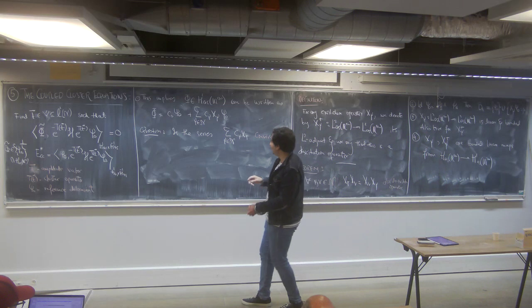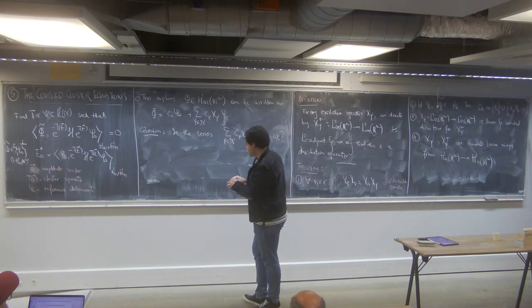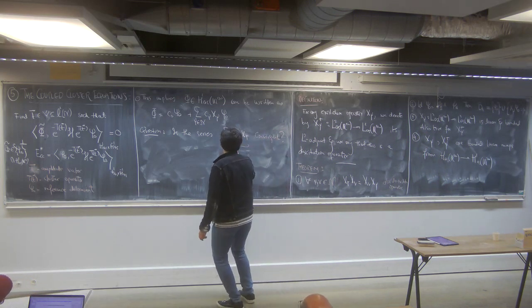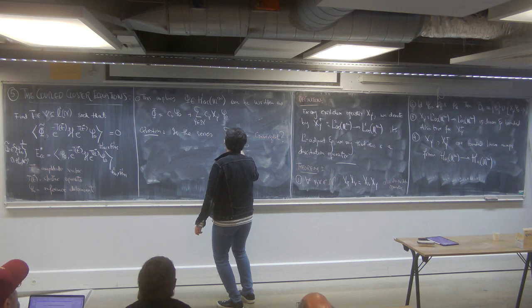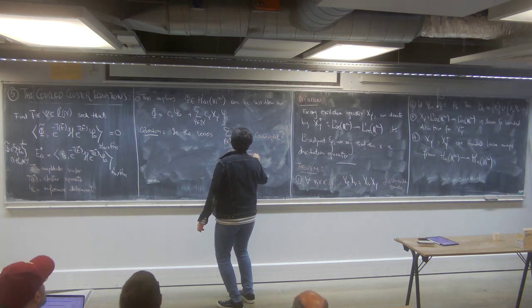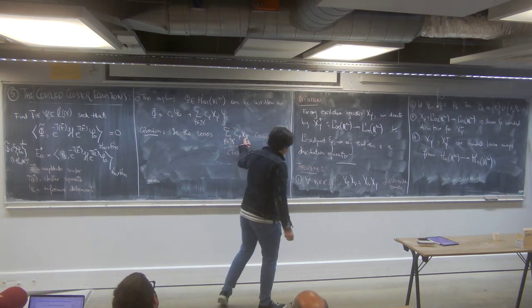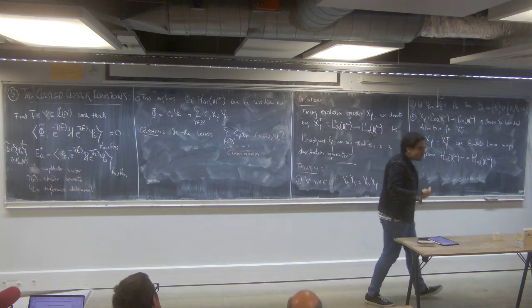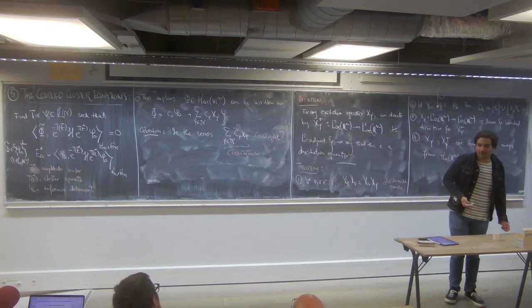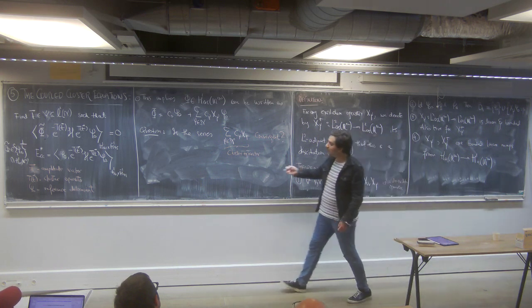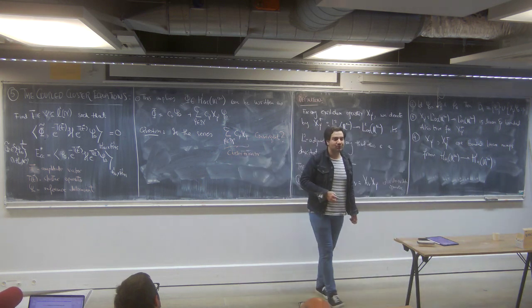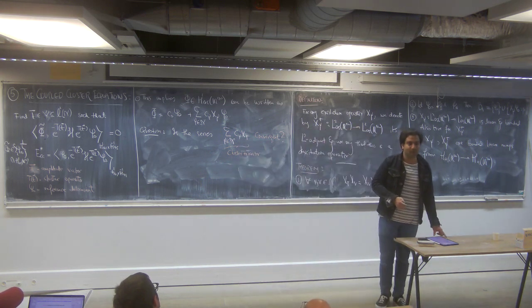So this is known as a cluster operator. It's just an infinite weighted summation of excitation operators. Now, each one of these excitation operators is indeed a mapping from L2 to L2, but it might not be completely obvious that if you take an infinite weighted summation of them, this will also be a mapping from L2 to L2.